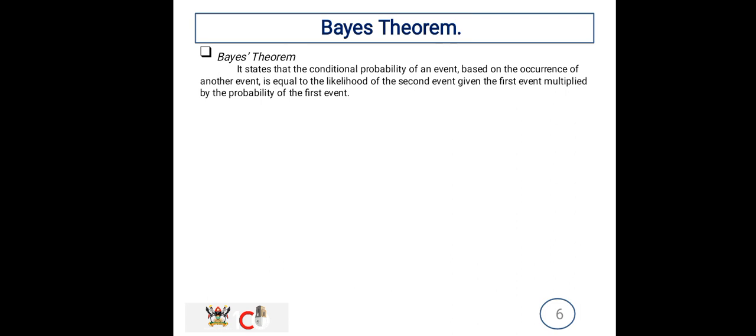That is, the chance of an event occurring based on the occurrence of another event that maybe happened or is going to happen. That is how I would talk about Bayes' theorem and how it states.